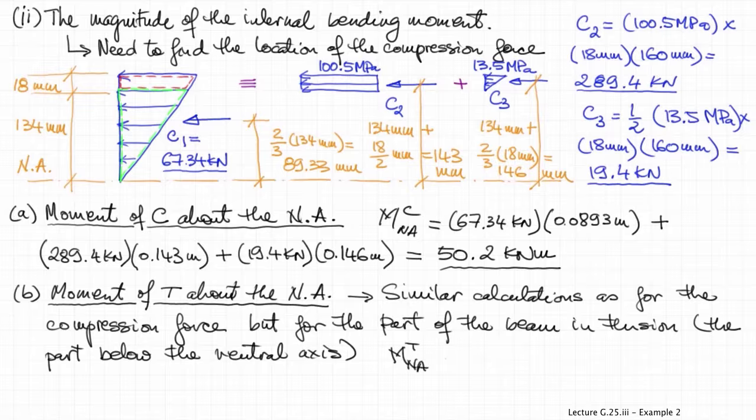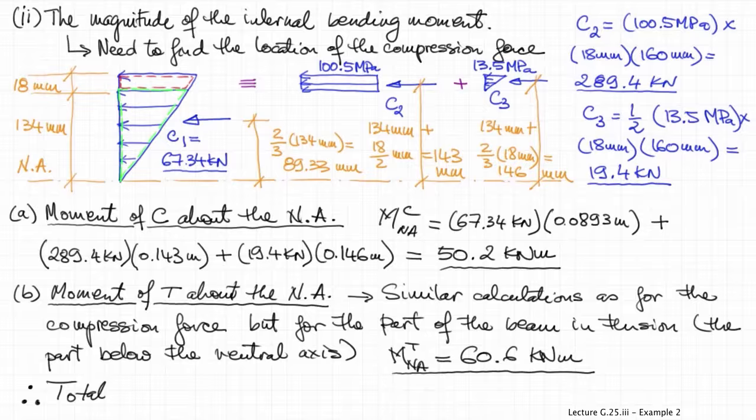The only thing I will tell you is that the result that you should get for the moment due to the tension stress block with respect to the neutral axis has a magnitude of 60.6 kilonewton meters, and this will also rotate counterclockwise around the neutral axis.